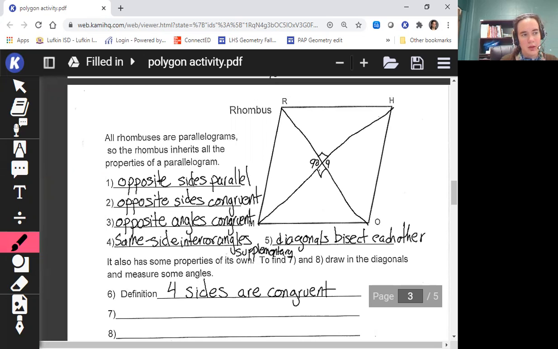They would form right angles because those 2 lines are perpendicular. Right, diagonals are perpendicular in a rhombus. And that means that the right angles are at the center.